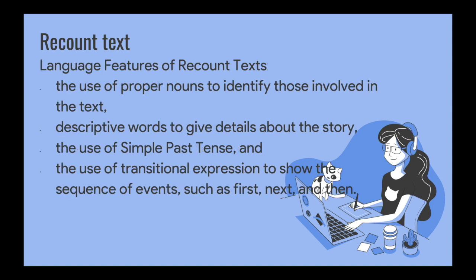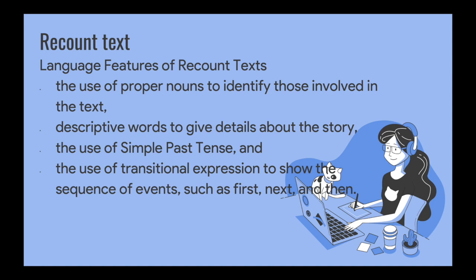And then the language features. Recount texts have specific language features. They use proper nouns to identify those involved. Proper nouns are most of the time names, or even if there are no names, we just tell who it is, like my parents or my friends or my schoolmates and so on.